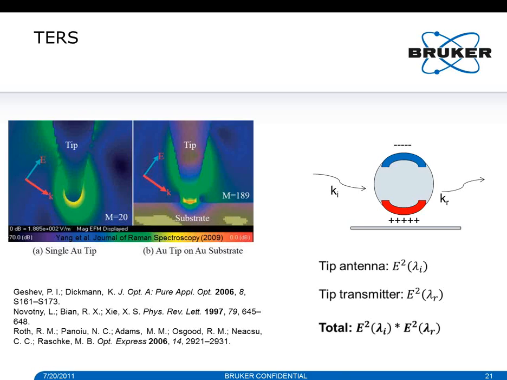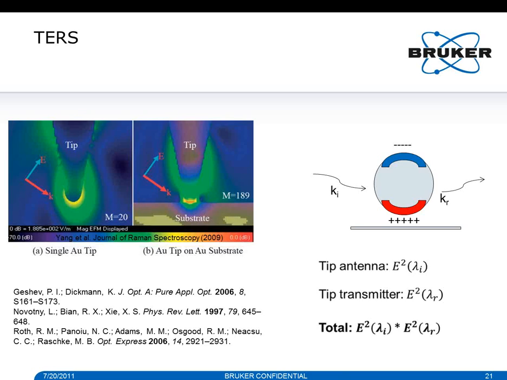The enhancement, of course, is very localized to the tip, and hence this is the trick for how we beat the diffraction limit. The spot that we focus on the sample is still diffraction limited. Its size depends on the orientation of our optics and on the numerical aperture of the objective, but the strong field is only in the vicinity of the tip, and that gives us the high resolution.